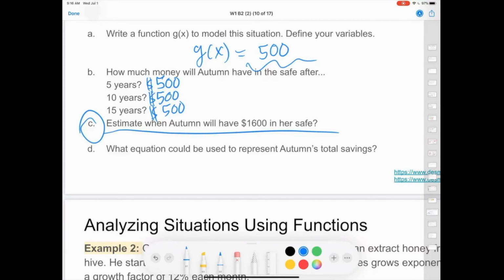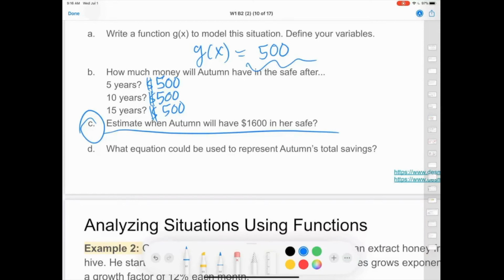She won't ever have $1,600. Exactly, you guys are all correct. She's not going to have $1,600 unless she adds another $1,100 to it. Victoria, you're absolutely correct. She won't have that money unless she herself adds to it. So let's keep that in mind.